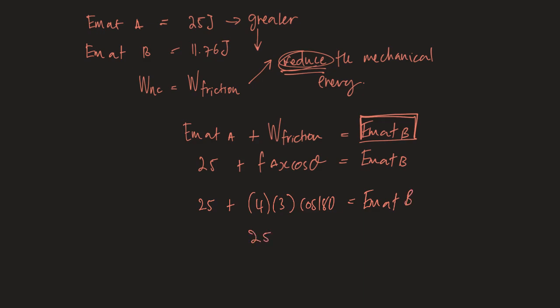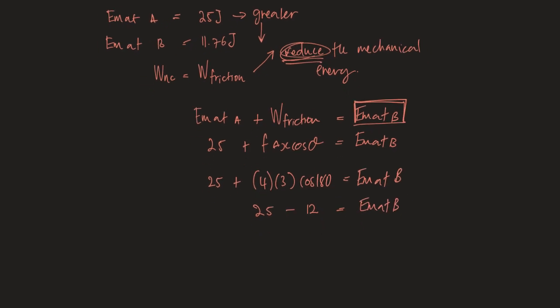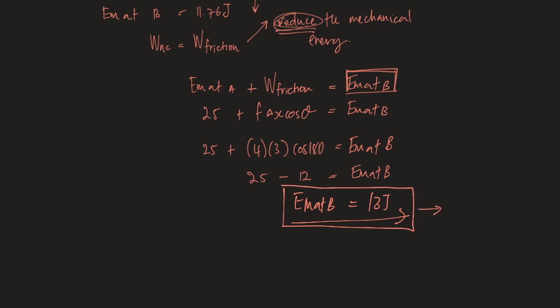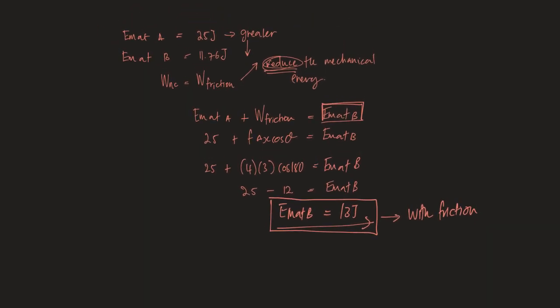So I've got 25 minus 12 is equal to mechanical energy at B, and that gives me a total of 13 joules, right? Now this value here is with friction, right? But this value here is without friction.